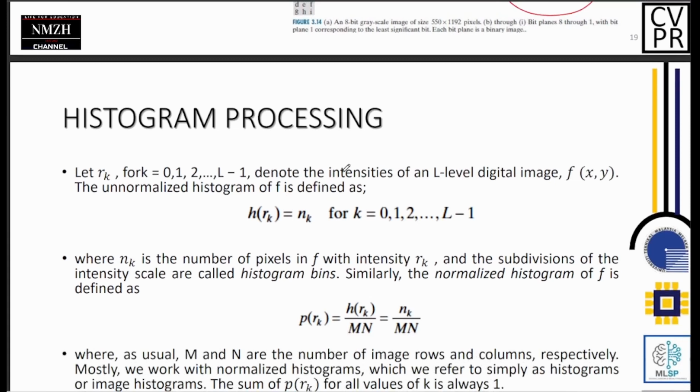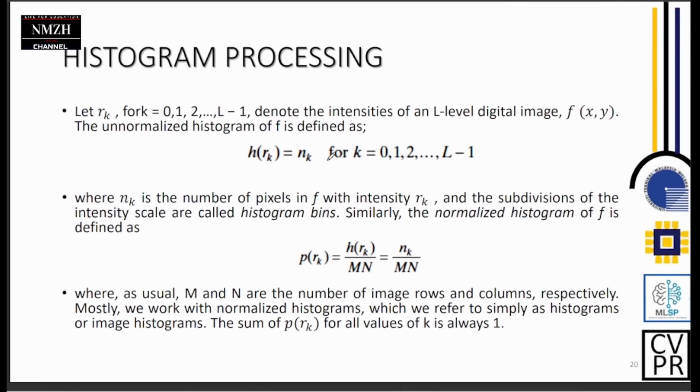So I think this will be the most important part for chapter number 3. Okay, so here, in order to visualize the image with a histogram, there is a simple thing to be noted.